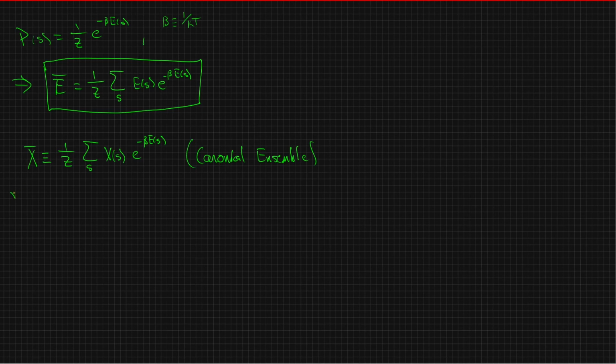One thing that I want to note is that we've been using E's rather than U's like we did before. Basically the reason for that is that these averages are additive. So if you take the average of E1 plus E2, that's equal to the average of E1 plus the average of E2.